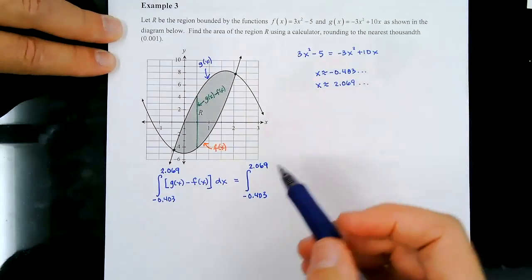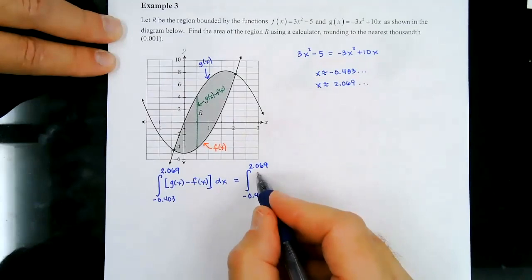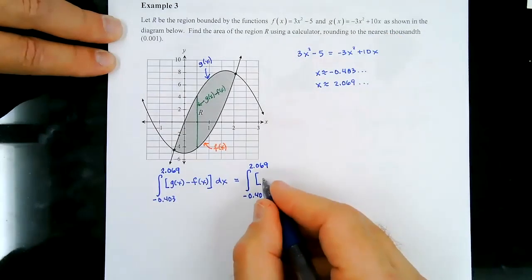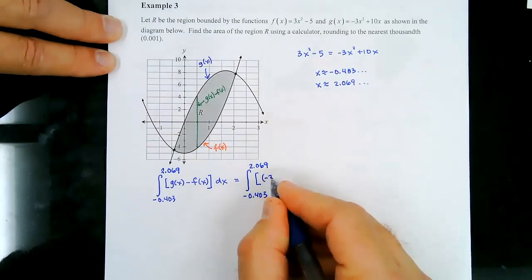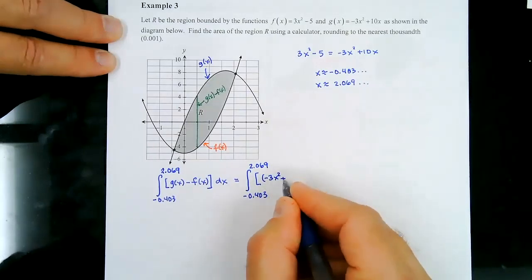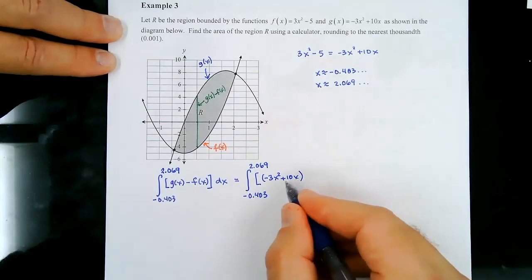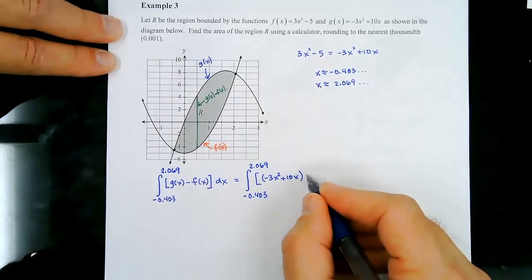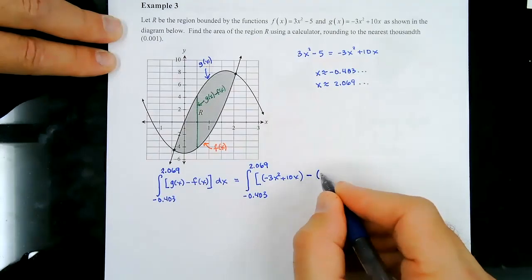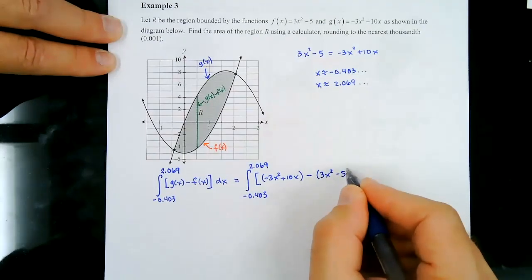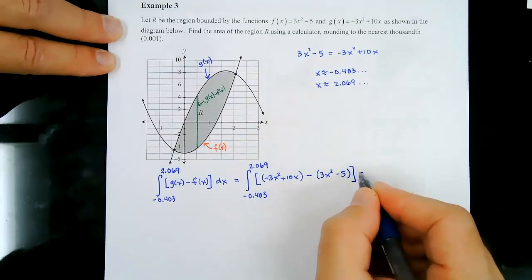If you wanted to, we can write in brackets our g of x, which is negative 3x squared plus 10x. I'm using the brackets for my integral, and I'm using parentheses for the individual functions. So then minus, in parentheses, 3x squared minus 5, and then close the bracket, and then dx.